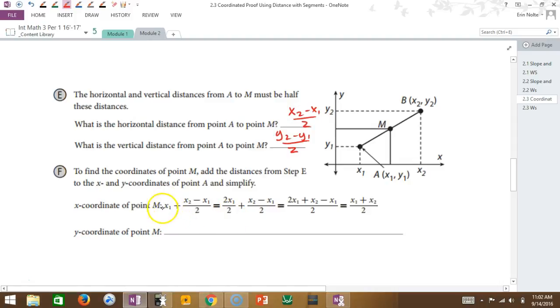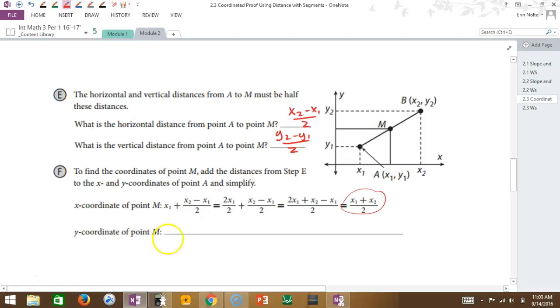So you have 1 over 1, x1, get a common denominator, so that's 2 halves. So then you can add your tops, get 2x1 plus x2 minus x sub 1. So now you can combine like terms, you have a 2x sub 1 minus an x sub 1. So that makes 1x sub 1. And you still have your x sub 2. So that's how you get this x value.